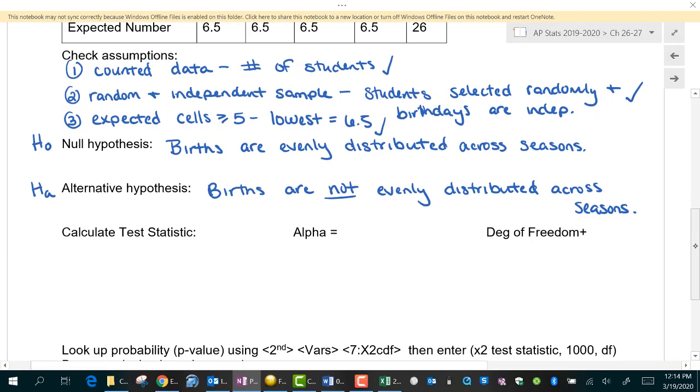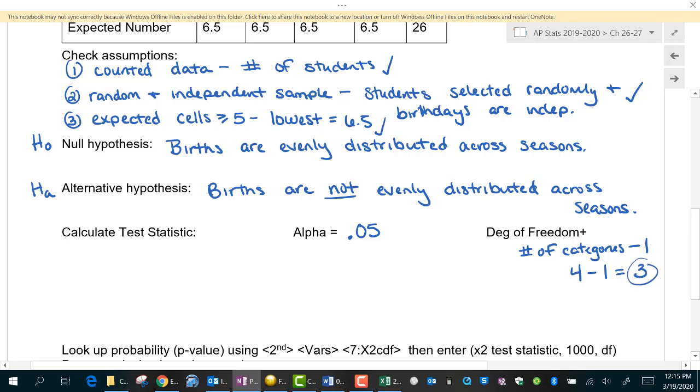Now for the actual mechanics. Let's go ahead and say that alpha is 0.05 in this case. To calculate our degrees of freedom, it's the number of categories minus 1. Because I have 4 seasons, I have 3 degrees of freedom.